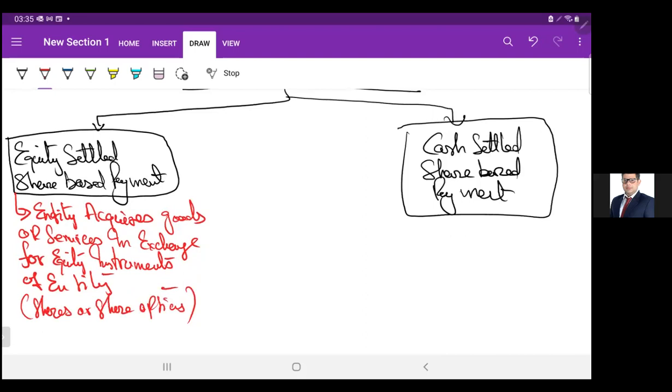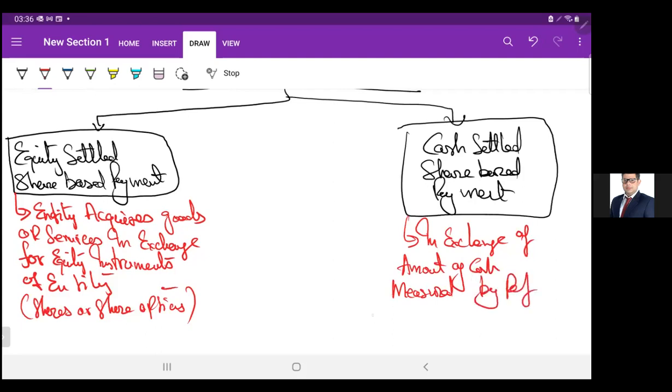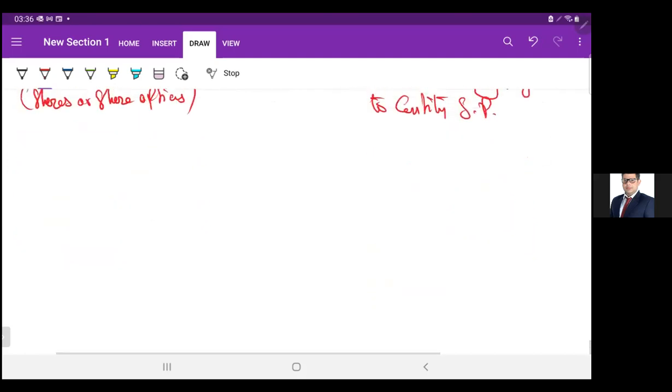Whereas in cash settled share-based payment, the entity acquires goods or services in exchange for an amount of cash measured by reference to the entity's share price, right? So now let us discuss each of these in more detail.